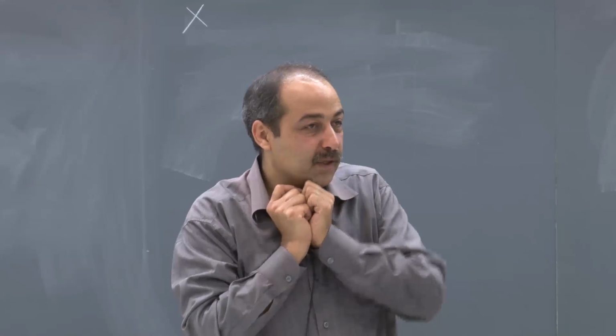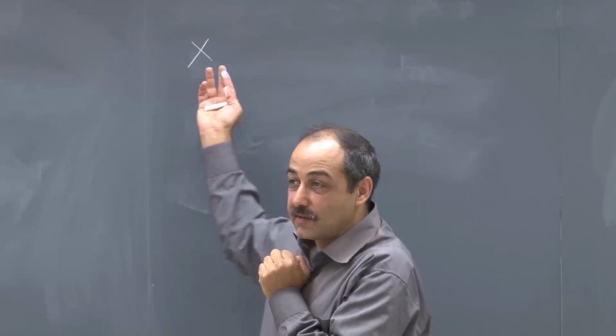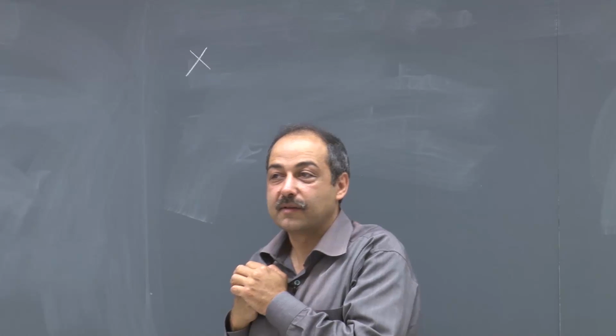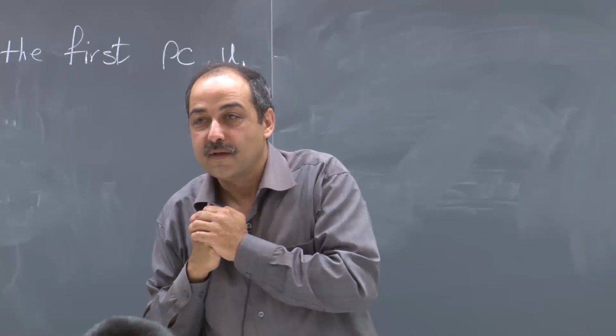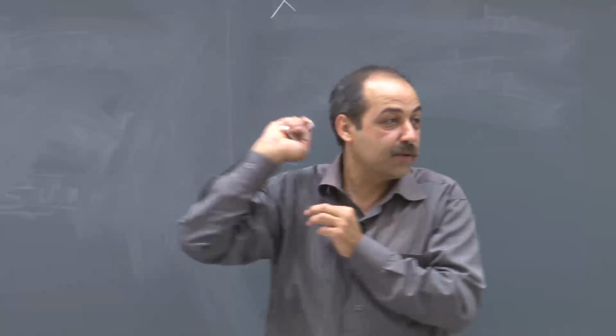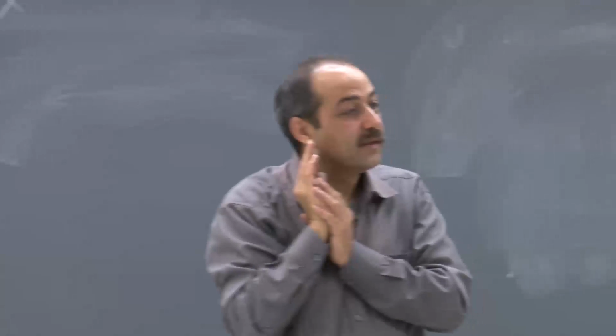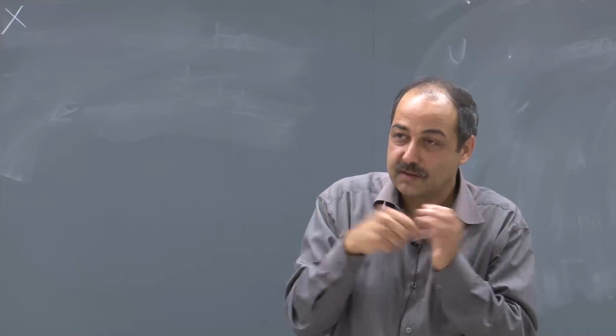The mean will be multiplied by a constant, right? What about the variance? If I multiply these points by a, the variance will be multiplied by a squared. The variance will change quadratically, right?